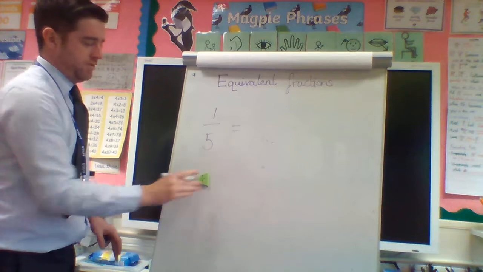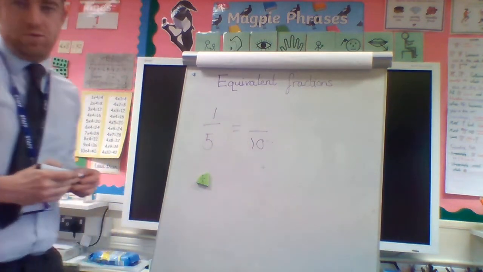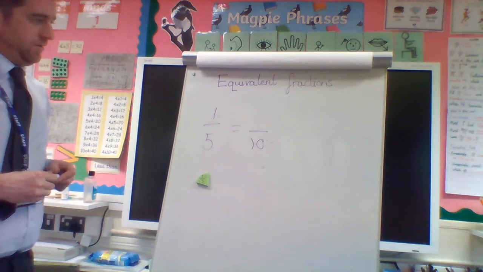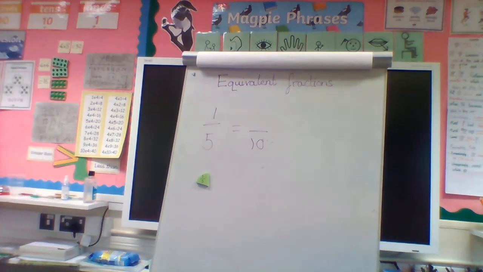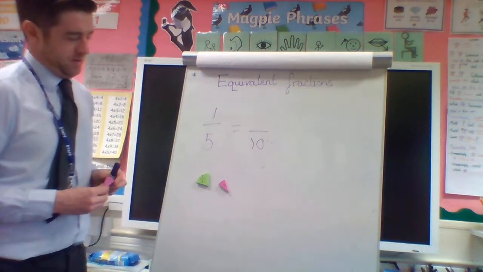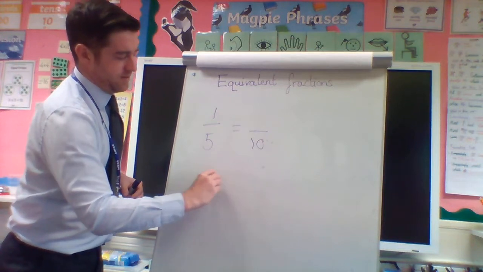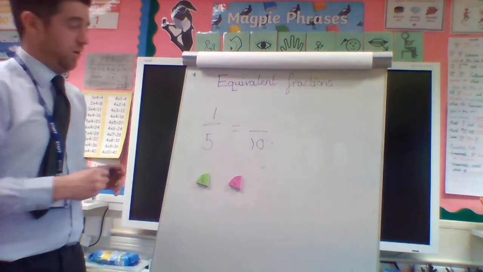So, there's 1/5. How many tenths is equal to 1/5? 1/10? No, that's not equivalent. 2/10? There we go. 2/10 is the equivalent of 1/5.